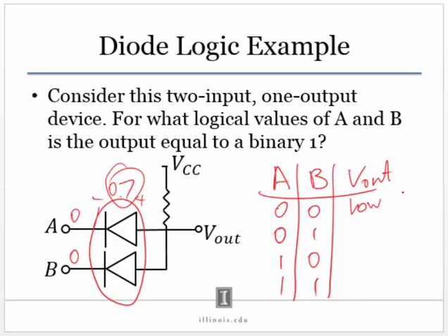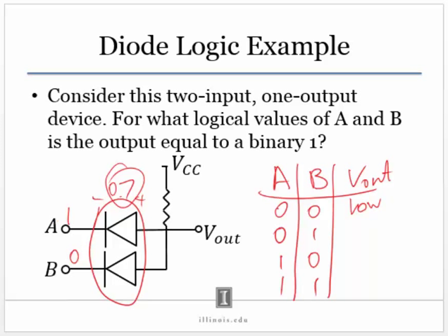Now let's say we turn on one of the inputs. It's going to be a logic 1, which means you're applying 5 volts here.